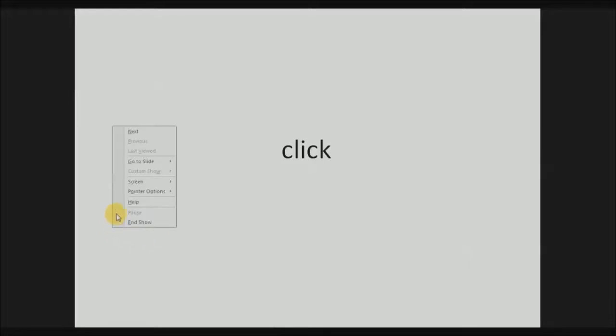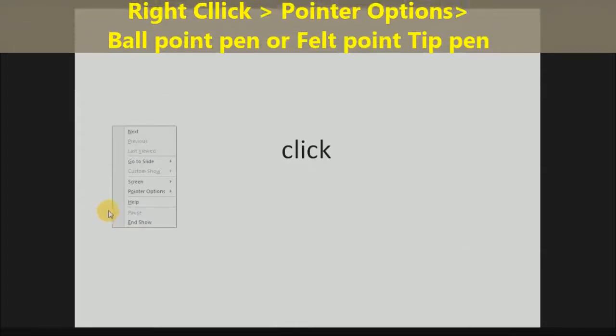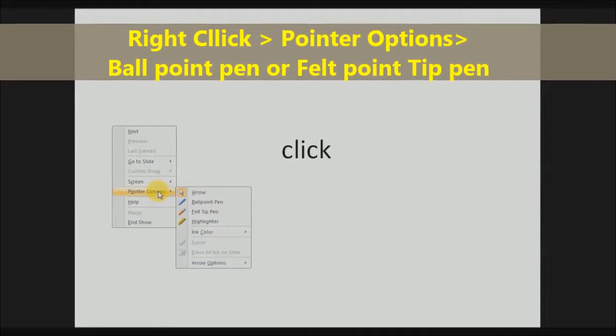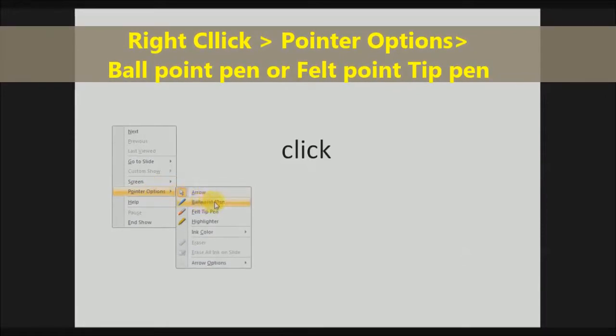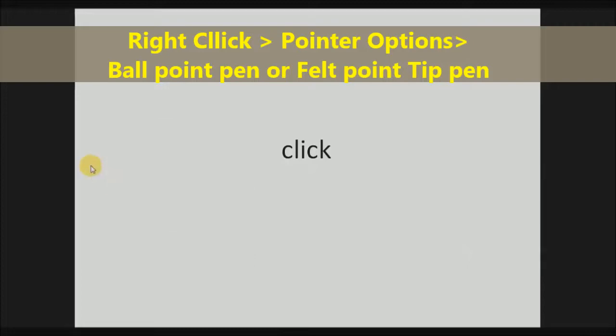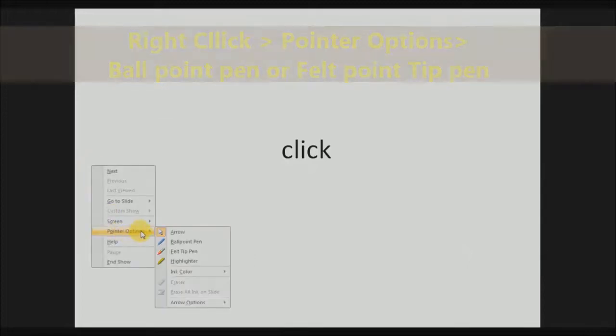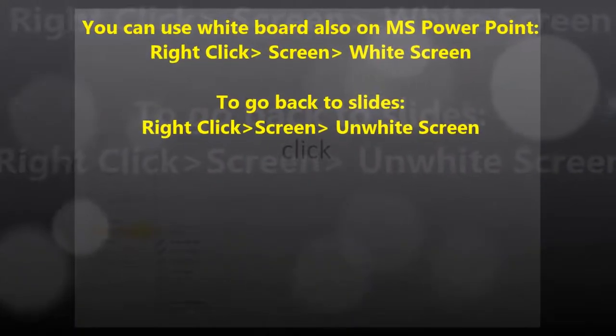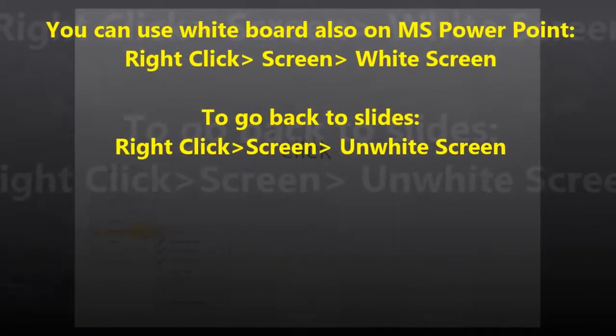On this PPT, if you right click, this ball pen option will be there. Going to right click and pointer option on your PPT. I'm talking about Microsoft Office PowerPoint presenter.